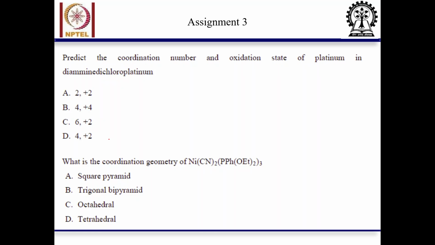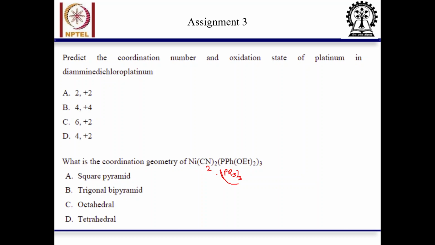How is it possible? Because we have coordination number 5, because 2 CN and 3 phosphines, basically PR3. See, 2 is coming from here, and this is PR3, so 3 is here, 2 is here. So coordination number is 5. Then how will it be possible to be tetrahedral? I think that is wrong. So yeah, B, trigonal bipyramidal. Yeah, that is correct.